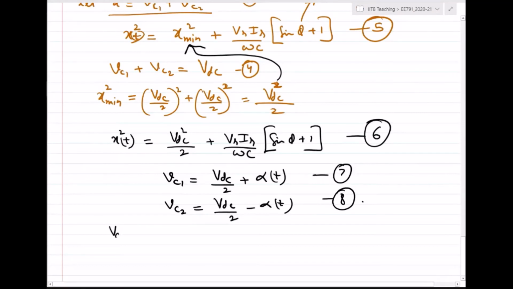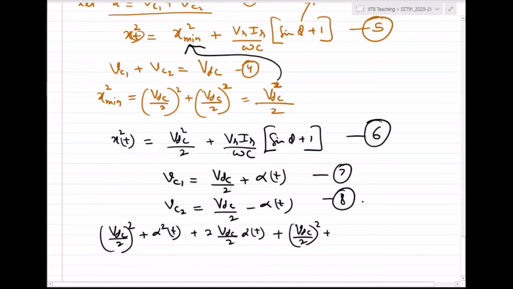I'll get (VDC by 2)^2 plus alpha^2 plus 2 times VDC by 2 into alpha of t, plus (VDC by 2)^2 plus alpha^2 minus 2 times VDC by 2 into alpha of t. This is the left side expression, which is just x of t square.